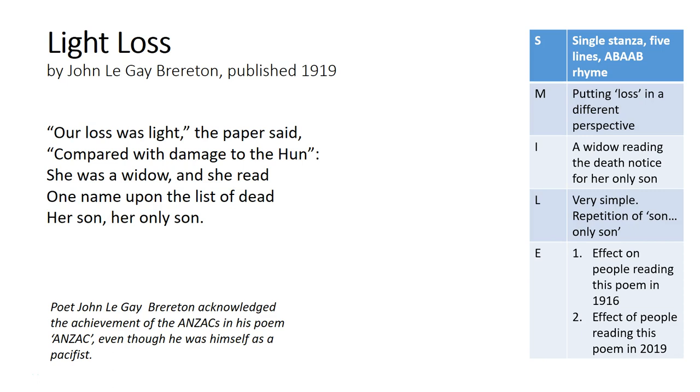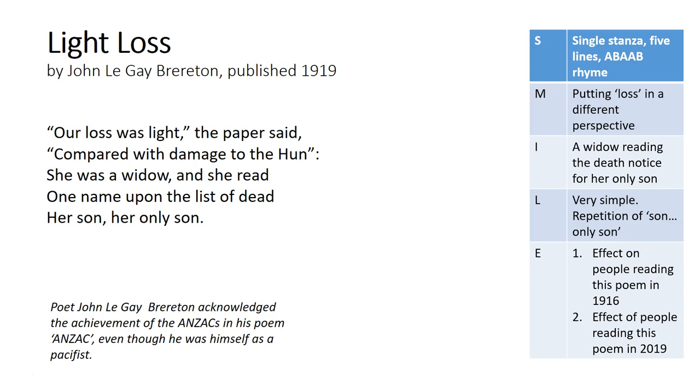The image I get in my mind when I read this poem is of a woman reading this newspaper. And possibly this is how she finds out that her son is killed, although they used to send telegrams. And that shock and devastation when you read something like that. I can't even imagine it, to be honest. It must be huge.